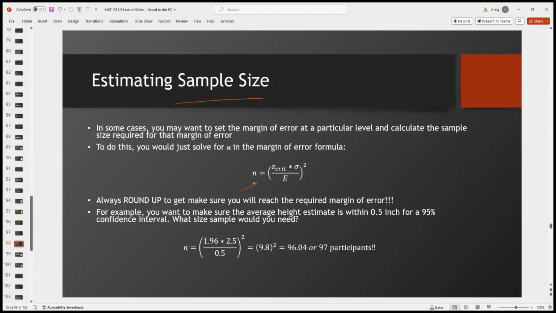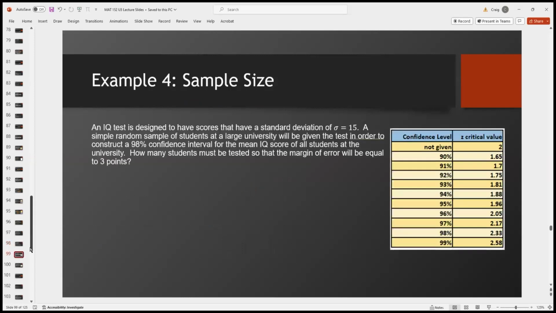So we can use this formula to calculate the sample size. And just make sure you round up, because if you get 96.04, then 96 alone won't be enough. You'll need 97 people.